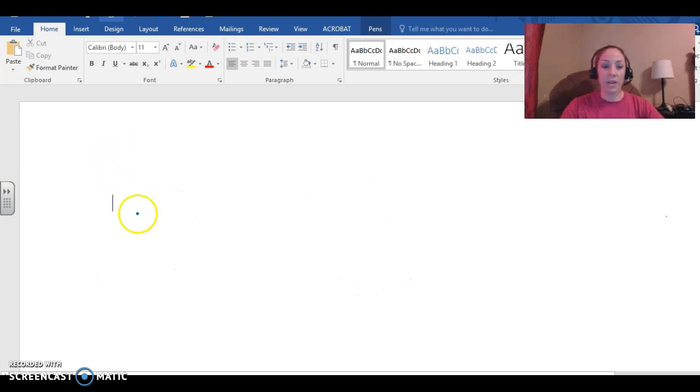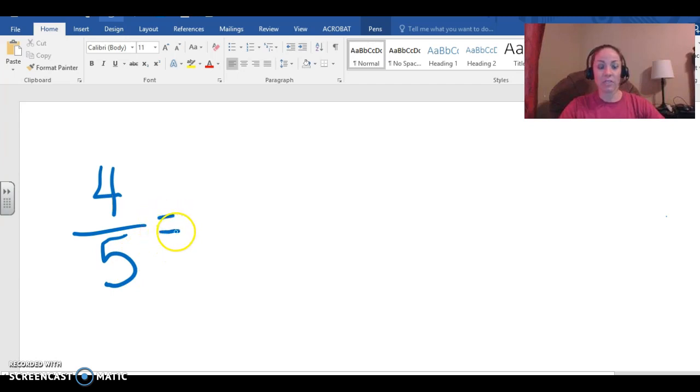Okay, now what should you do if you have a fraction such as 4/5, and that thing needs to be converted to a decimal? What are we going to do with that? Well, we have to do the same thing that we did with ratios when we would scale up, when we would multiply the denominator and the numerator by the same number.